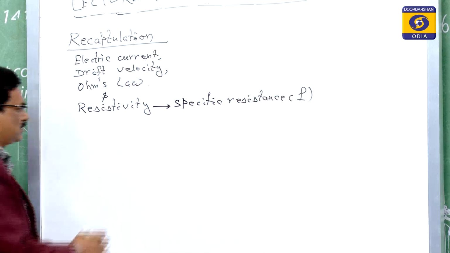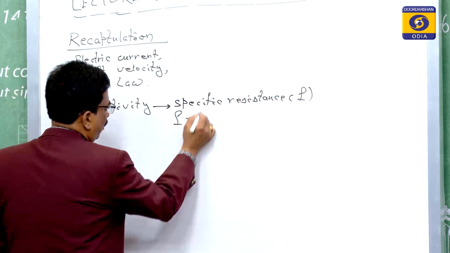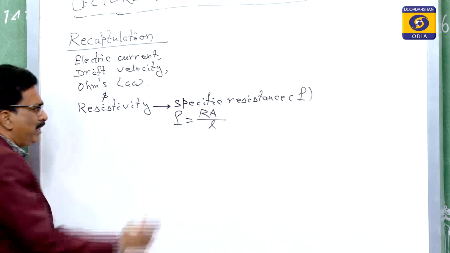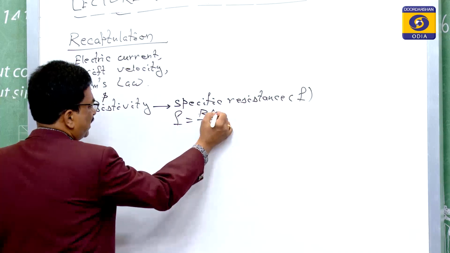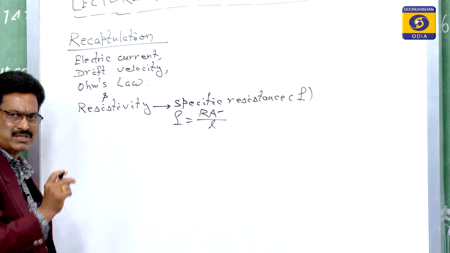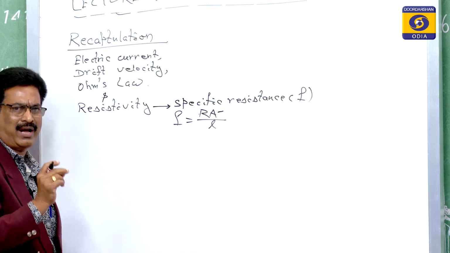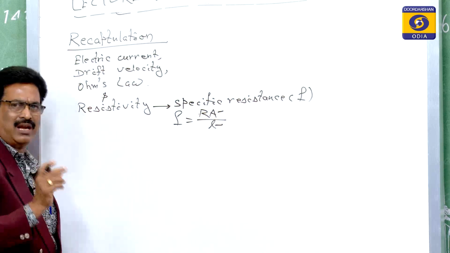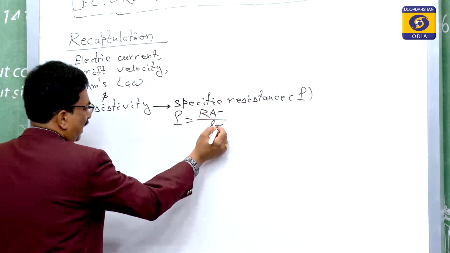According to that, rho is equal to Ra by L. Here R is the resistance, A means the area of cross section of that conducting wire or substance we are discussing, and L is its length. So, rho is equal to Ra by L.